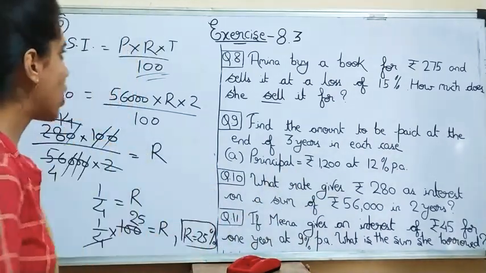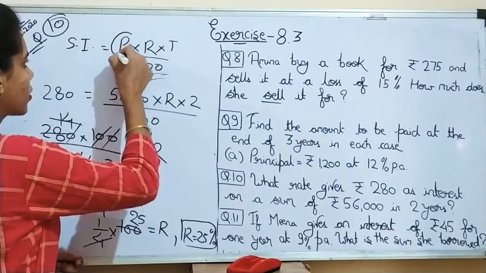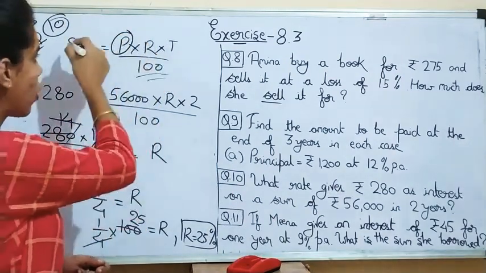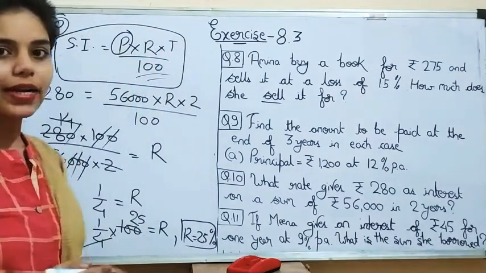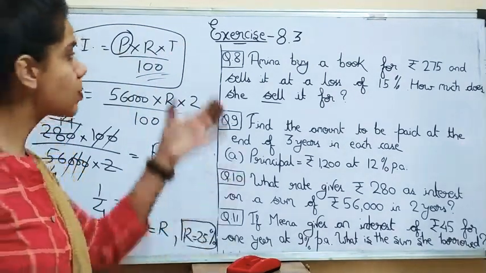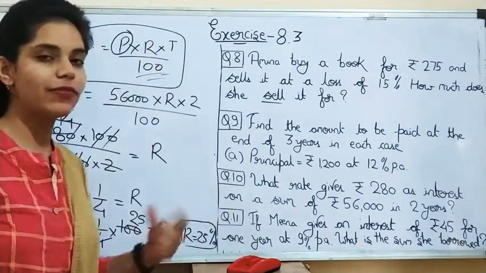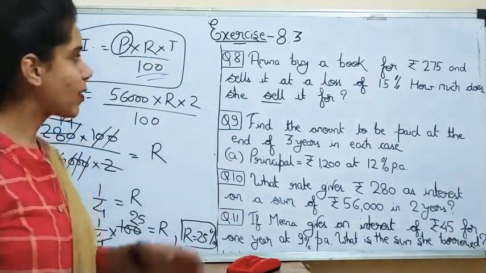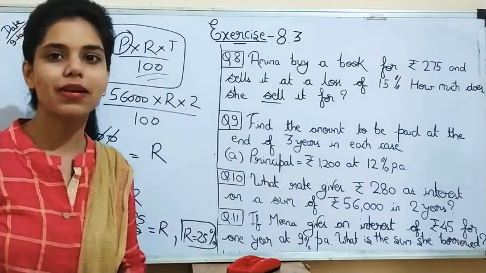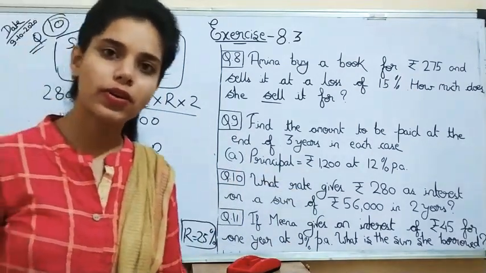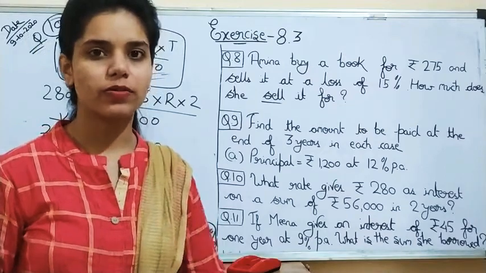So put all the values in this formula for question number 11 also. After putting in the rate of interest, time, 100, and the simple interest given as 45, you can find the principal amount.